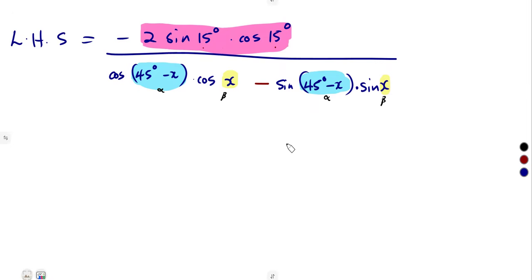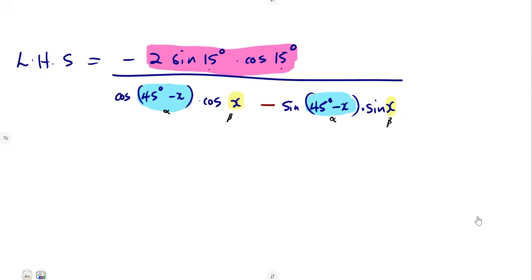Guys, it's going to be complicated. Remember our special angles: 30, 45, 60, 90, and 0. So when it is 15, it's going to be complicated. So maybe you realized that this here is equivalent to sine 30, as we saw before, because 15 degrees is actually a complicated angle to work with.